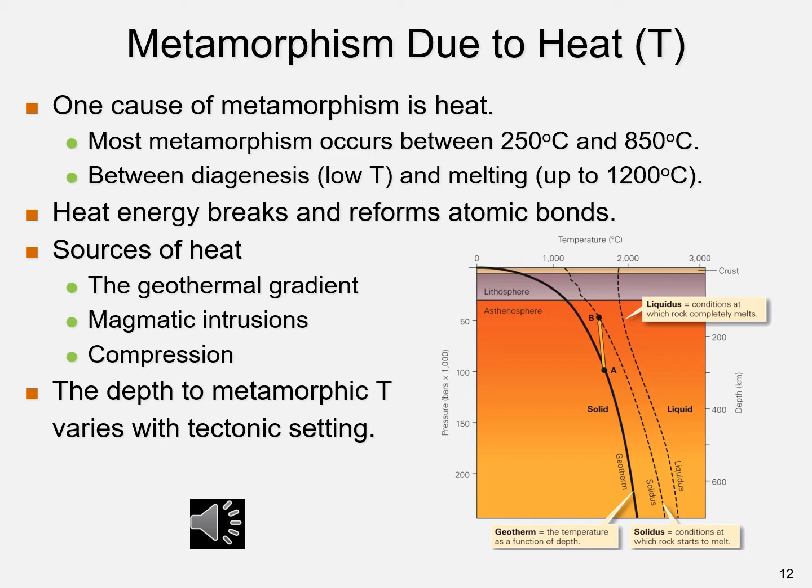The depth in the Earth at which metamorphic temperatures exist depends on the geothermal gradient, which in turn reflects the geologic setting. The geothermal gradient for continental crust away from any intrusions is about 25 degrees centigrade per kilometer, and metamorphic temperatures occur only at depths greater than about 12 kilometers.